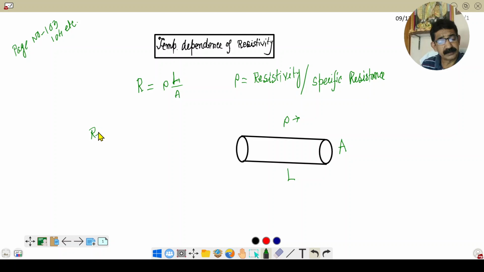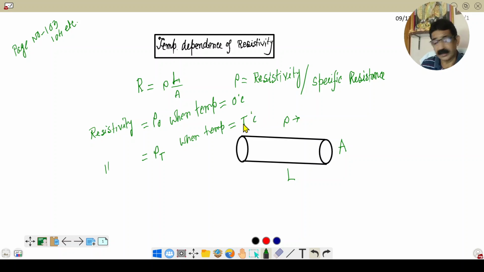Resistivity is equal to rho naught when temperature is 0 degree centigrade, and resistivity is equal to rho T when temperature is equal to T degree centigrade.